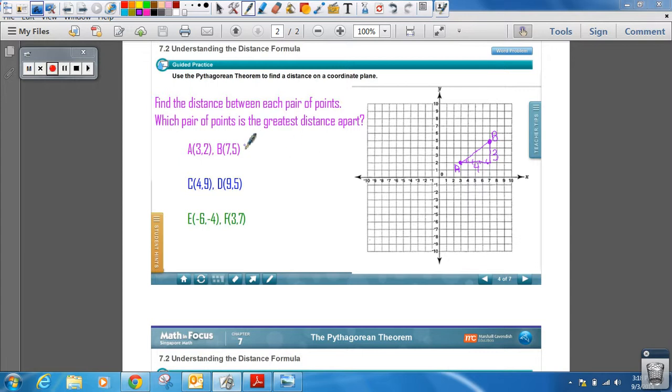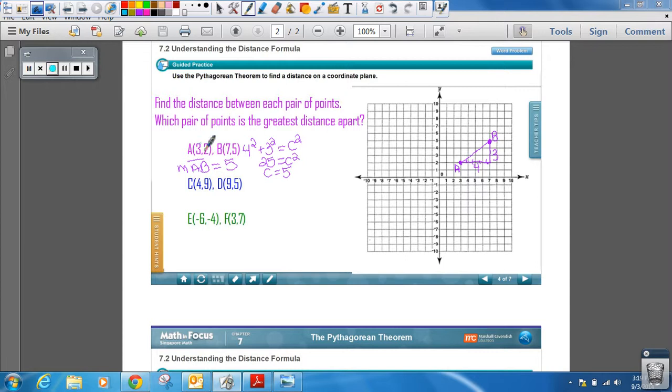So my work over here is going to be 4 squared plus 3 squared equals c squared. 4 squared plus 3 squared gives me 25 equals c squared. So that means c is equal to 5. So I would write that as the measure of AB is equal to 5. And this one actually does give me that whole number answer.